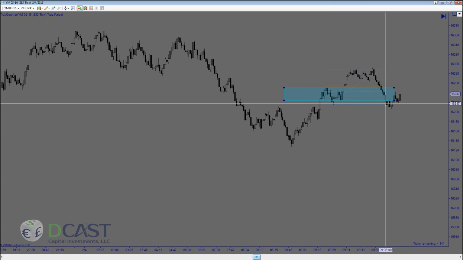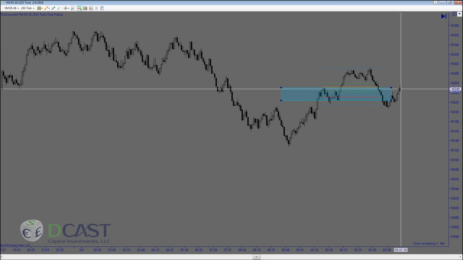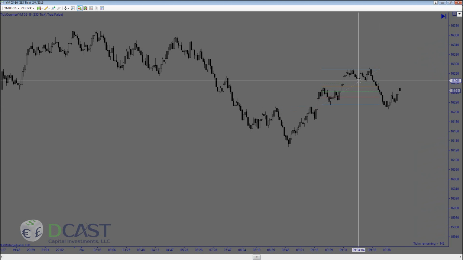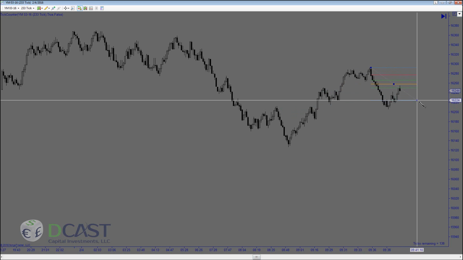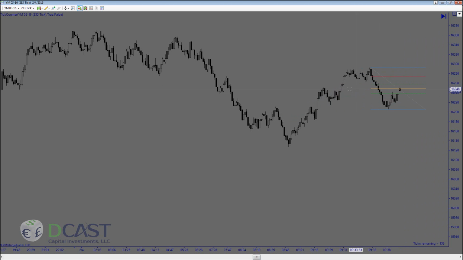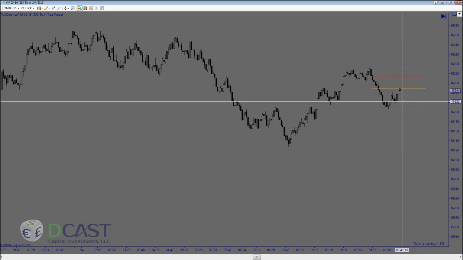So what I want to do is look for a trade that's consistent with that. So now that I have price hit that 50%, hit that area of structure, my expectations are what? For price to try to get back down there.